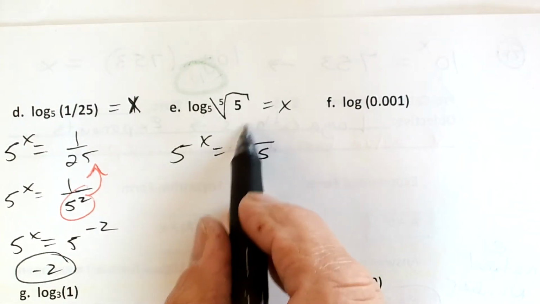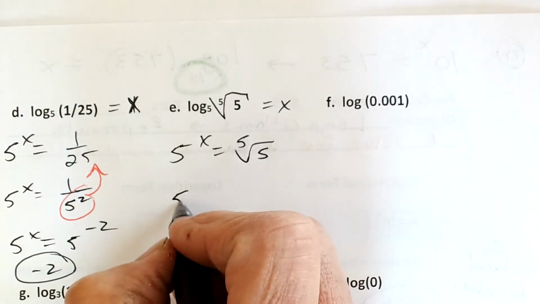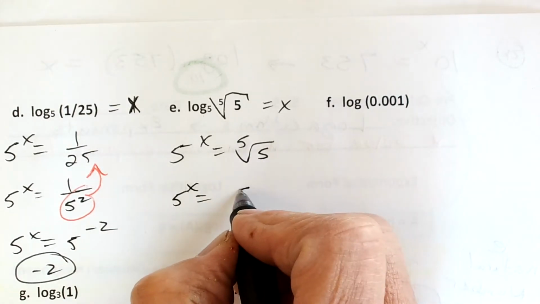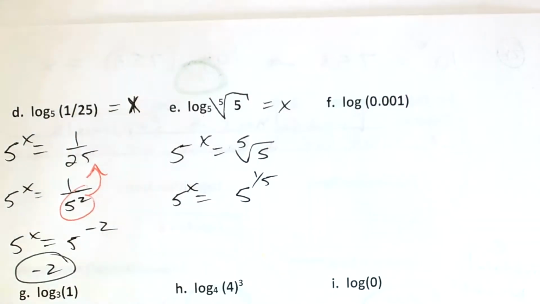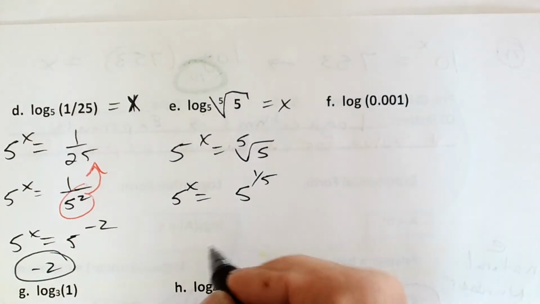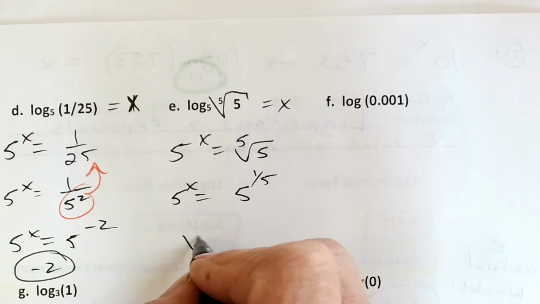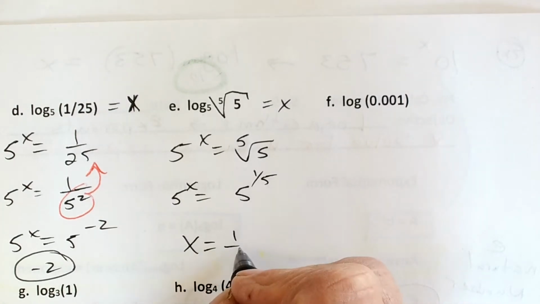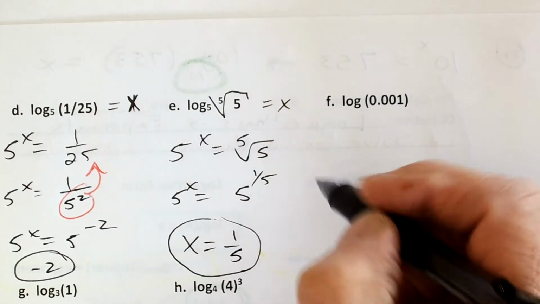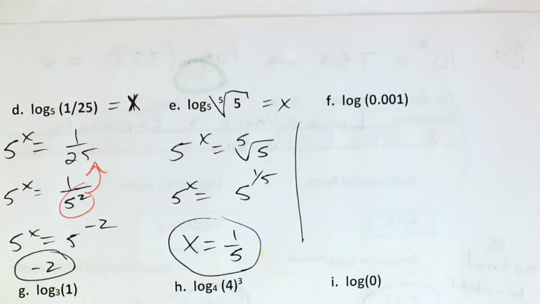I'm going to write this as 5 to the 1/5 power. See, that's the same thing as 5 to the 1/5 power. And so what's this thing have to equal? 1/5, right? Is this too early in the morning for you guys to think this hard?